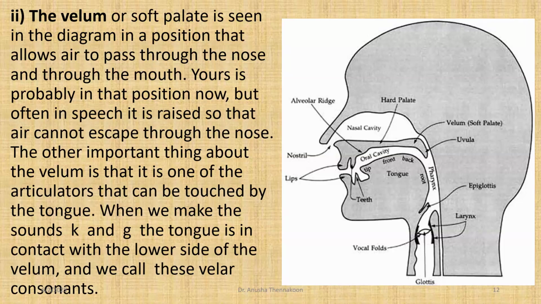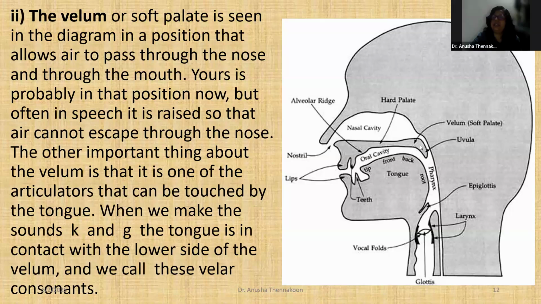Yeah, we'll understand the velum. Did you notice the velum in the diagram? Okay, so it is this part. Uvula, velum. So this velum helps to pass air through the nose or through the mouth.